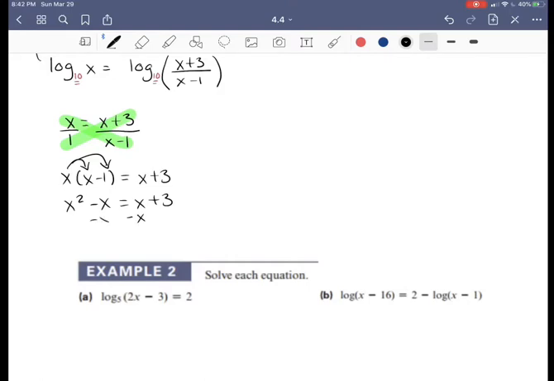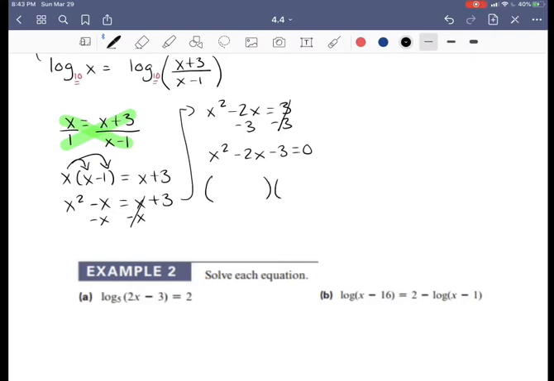I'm going to send everything to the other side, so this becomes x squared minus 2x is equal to 3, and then x squared minus 2x minus 3 is equal to 0. From here, we could either factor, use the quadratic equation, or anything we want. I think we can factor on this problem, so let's factor.